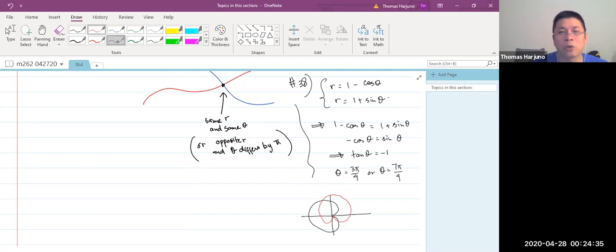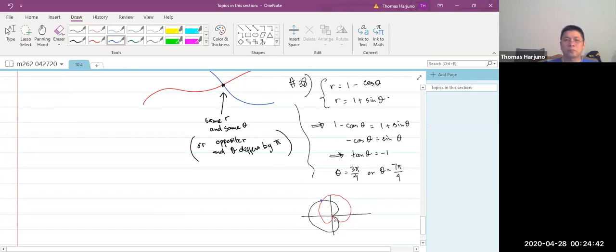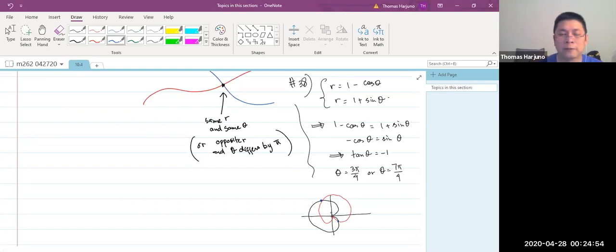Notice that it has only 2 intersections, right? Of course, they have an intersection at the origin also. But at the origin, as long as r equals 0, whatever the theta, it will be at the origin.